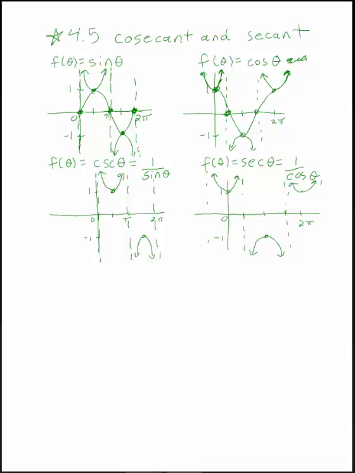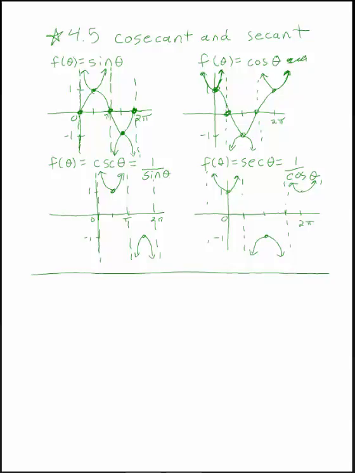So now that logic is going to follow even if we have a more complicated function. The trick is to draw the corresponding sine or cosine function first, and then use that to figure out where the asymptotes are for your corresponding cosecant or secant graph.